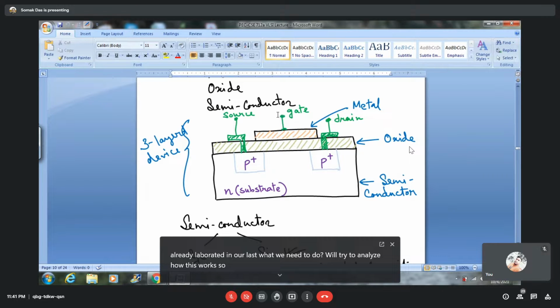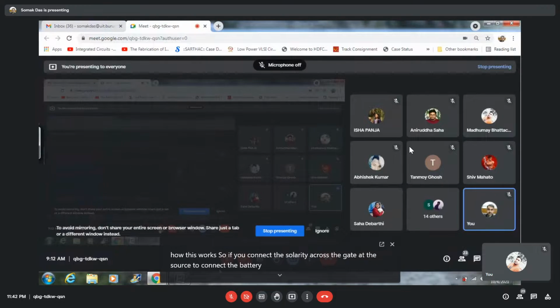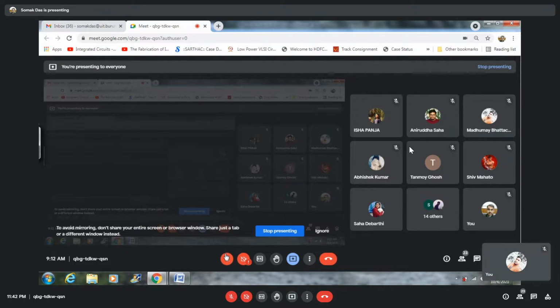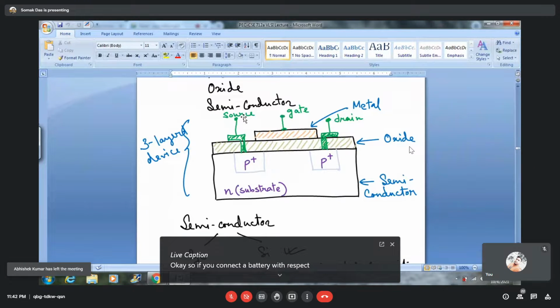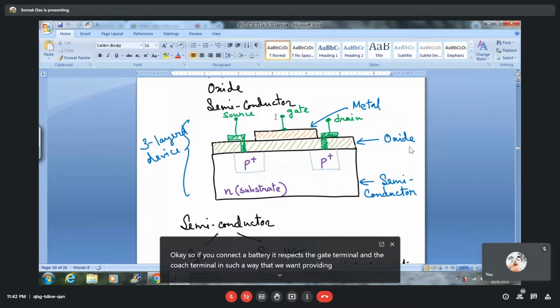So, if you connect the battery polarity across the gate and the source, in such a way that you are providing a negative electrode along with the gate and a positive electrode with that of the source, then this kind of potential connectivity will create an electric field perpendicular to this gate layer.